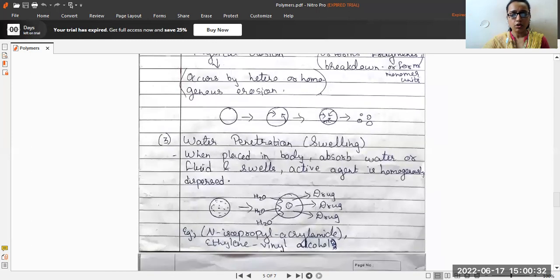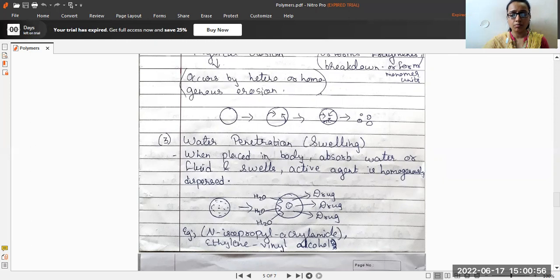Third, we will talk about water penetration, which is also known as swelling. This mechanism of drug release works when the dosage form is placed in water or inside the body.